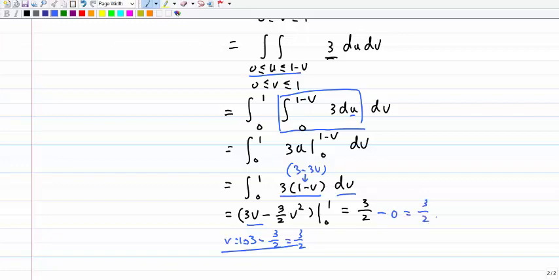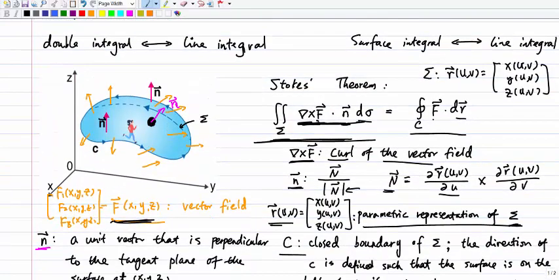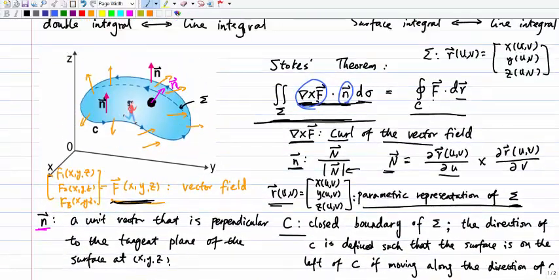As you can see, with Stokes' theorem the main difficult part is figuring out this n, and the curl is fairly straightforward if we are given the vector field. Going back to the steps for using Stokes' theorem: most of the time we use it to compute the line integral, because the line integral can be very complicated to compute directly, but using Stokes' theorem can be easier.